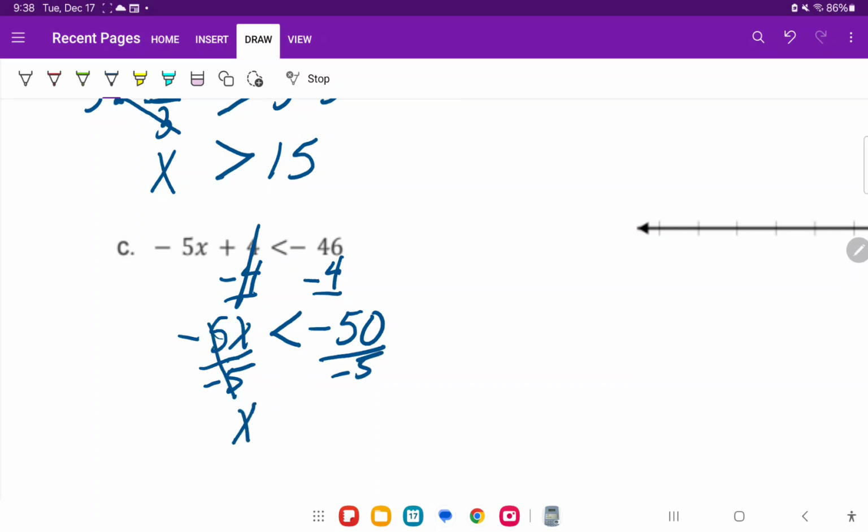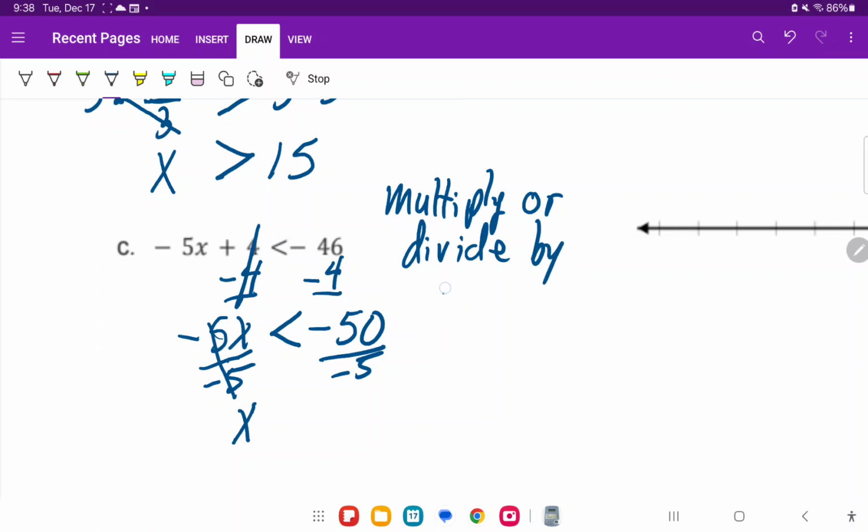And because we're dividing by a negative, you have to flip.